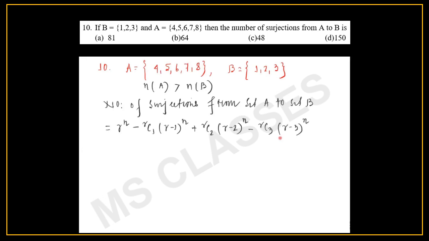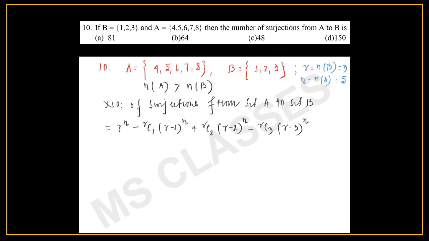I take here up to 3 only because here the r is 3. r is the number of elements in the codomain, that is 3 here. And n is the number of elements in the domain, which is 5 here.